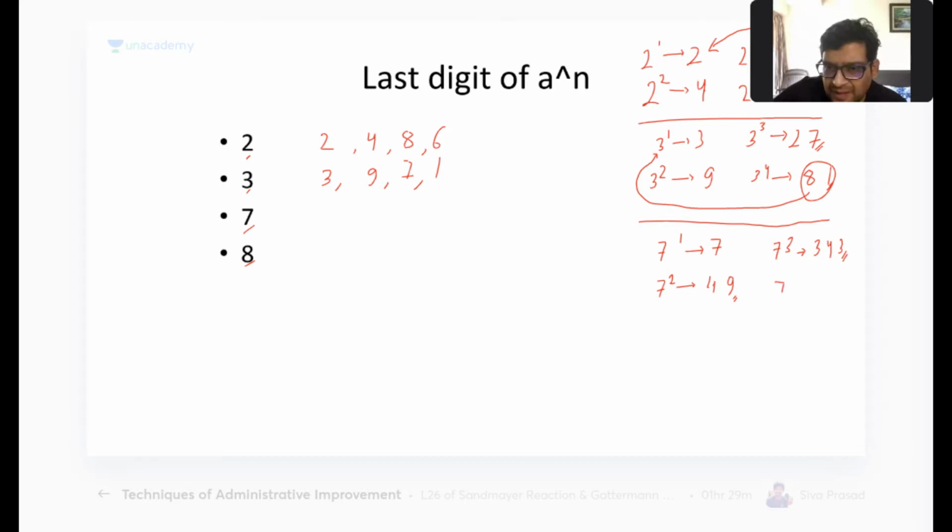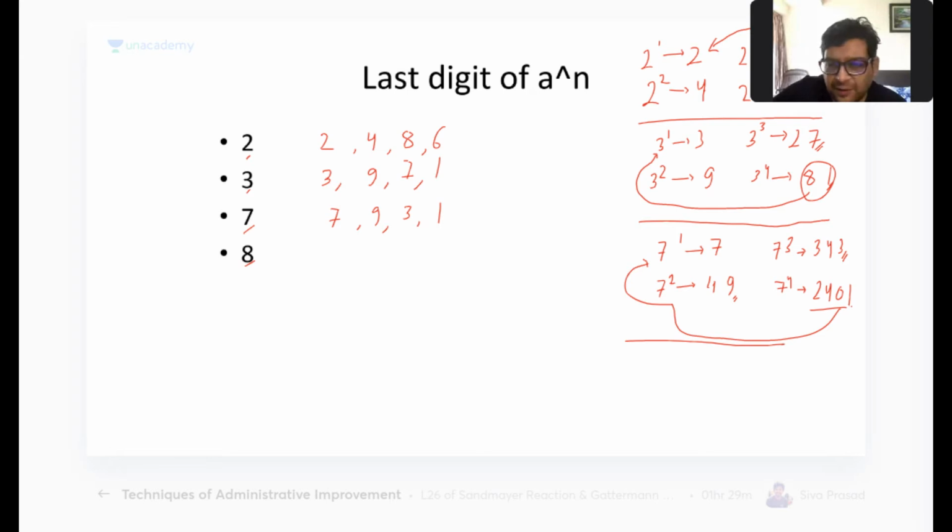So it ends in 3. 7 to the power 4 is 49 square, 2401. So now after this, if you multiply again, it goes back to 7. So the cycle for 7 is 7, 9, 3, and 1. So now we have obtained the cycle for 7 also, and we have obtained the cycle for 2 and 3 also.